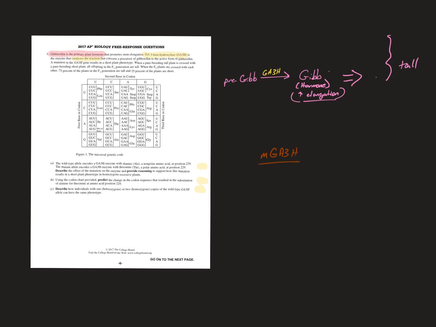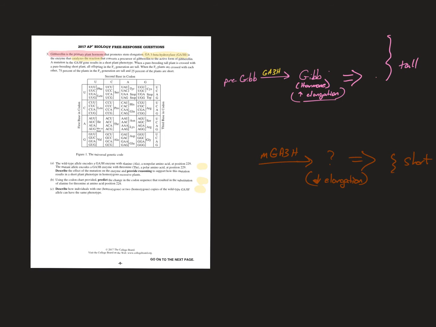Somehow, they don't tell you what it does to the hormone. There's a question that leads to this short, right? So it must be impacting elongation. There's an inhibition to elongation. It still happens because you got a short plant, so it must have grown to some extent, but not as well.